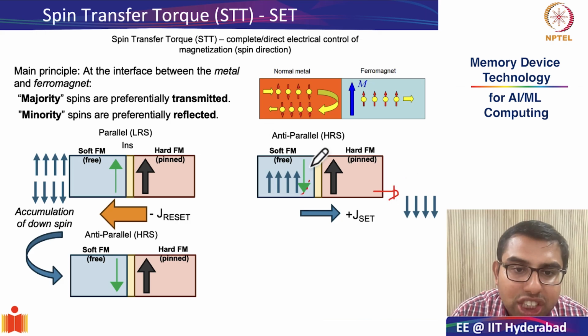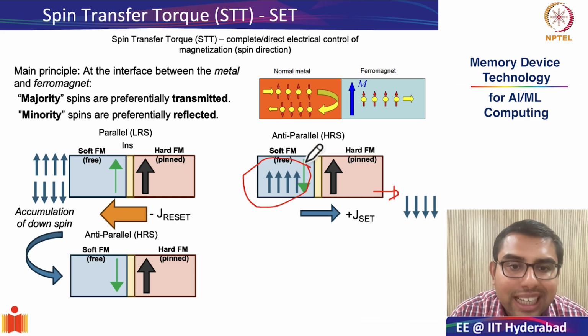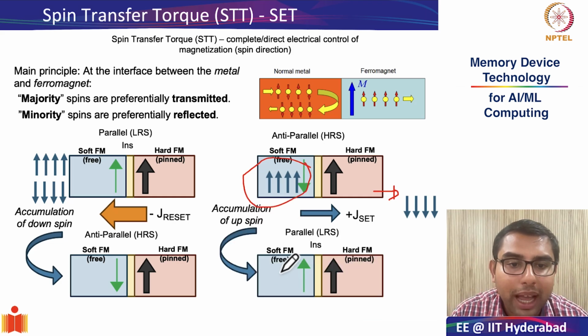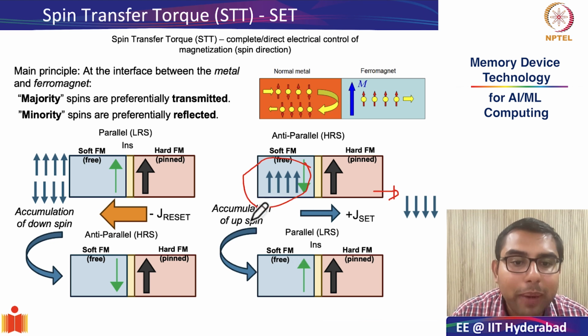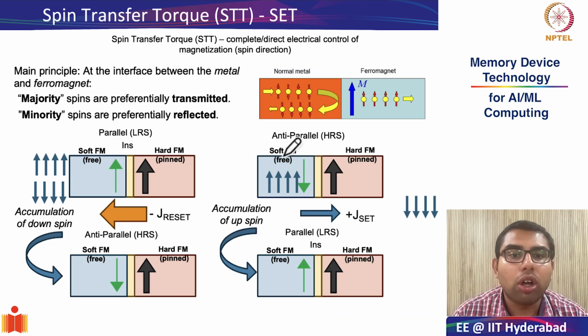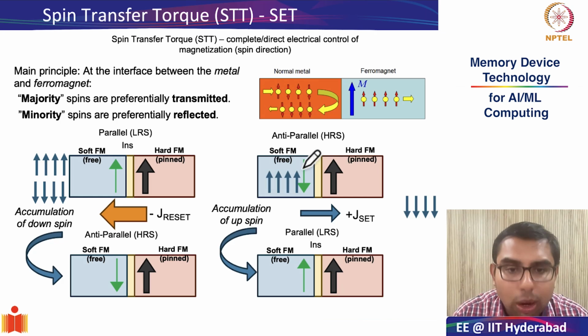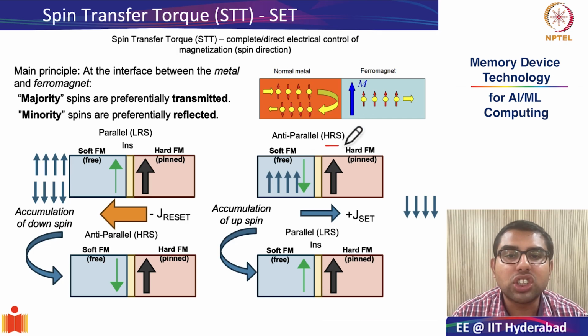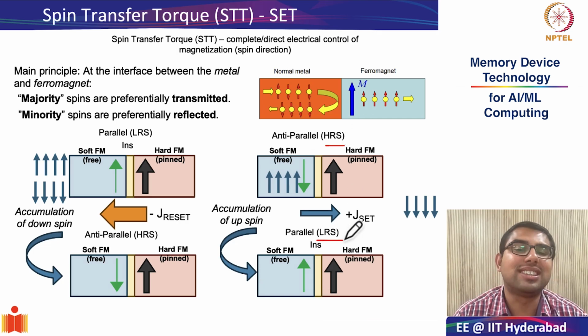And the accumulation of these up spins results in a torque applied to the soft ferromagnetic layer or free layer, thereby changing the orientation of the magnetization of the soft ferromagnetic layer from down to up direction, therefore switching the device from high resistance state to low resistance state.